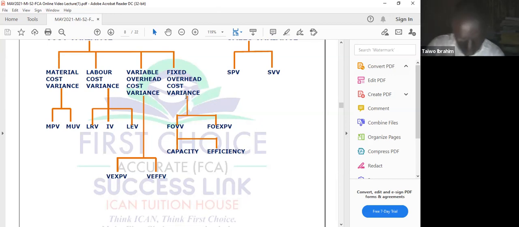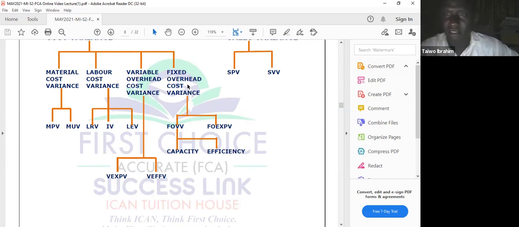Let me explain again. Fixed overhead cost variance is the variance that is due to over or under absorption of the fixed overhead cost into the cost of product.